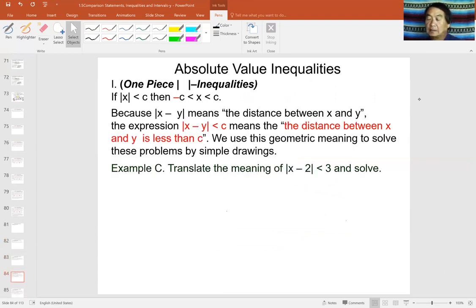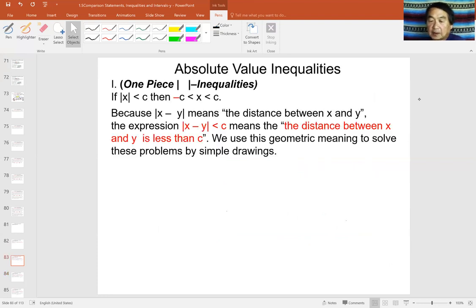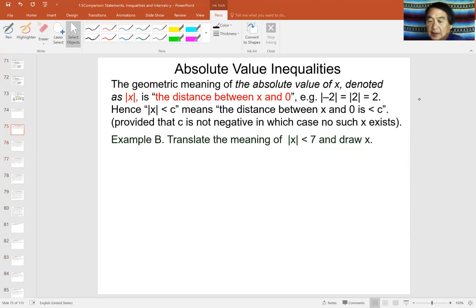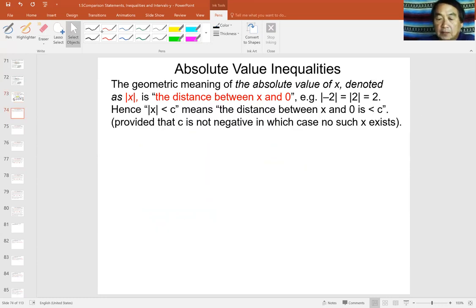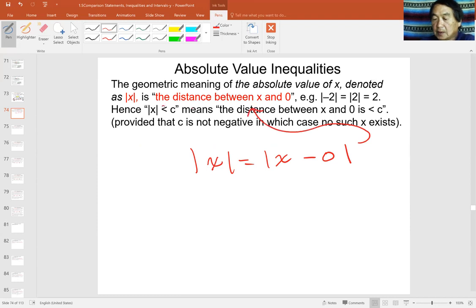In particular, let me go up here. The absolute value of x is the absolute value of x minus 0, so it's also a distance, between x and 0.